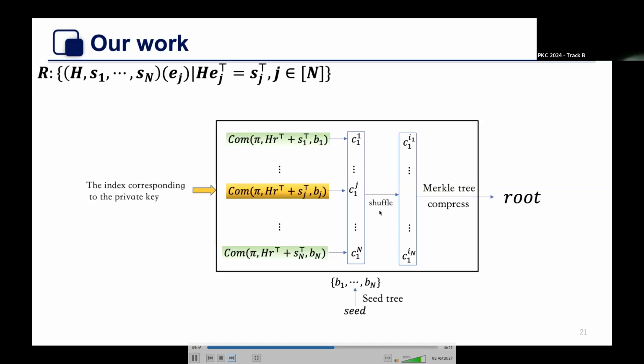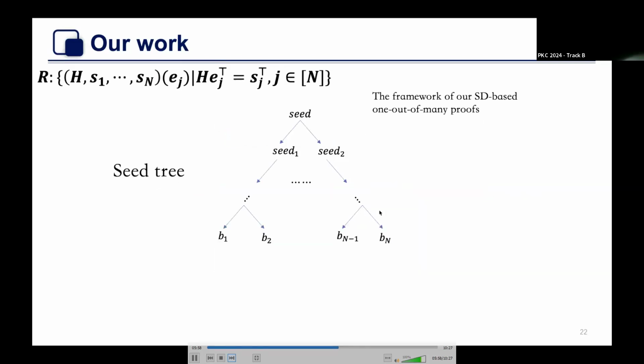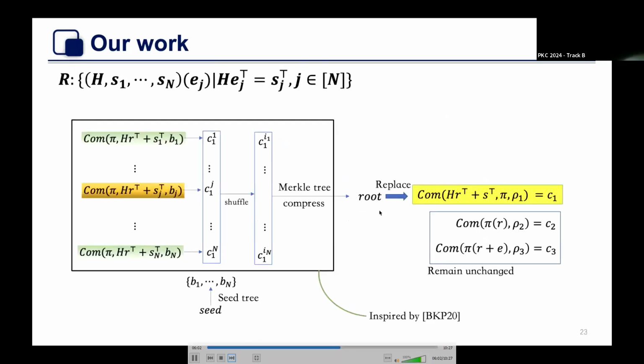Then shuffle these n commitments and compress them to a root using a Merkle tree. The randomness Bi is generated by a seed tree. The prover then replaces C1 of the modified Stern protocol with the root, while keeping C2 and C3 unchanged.